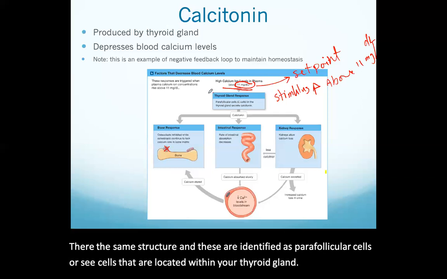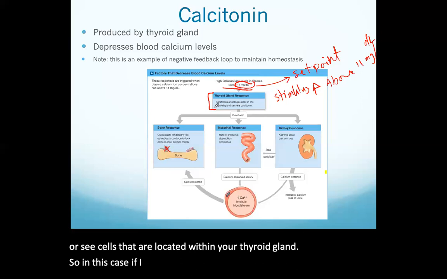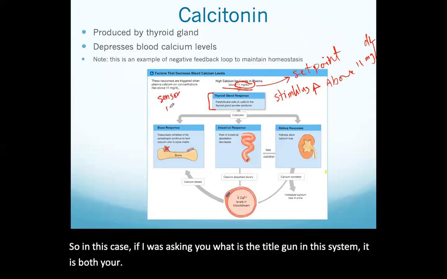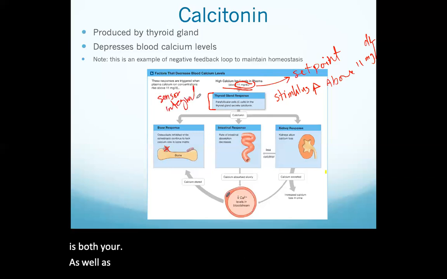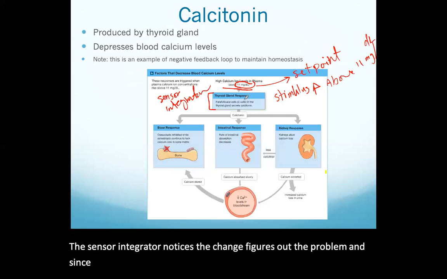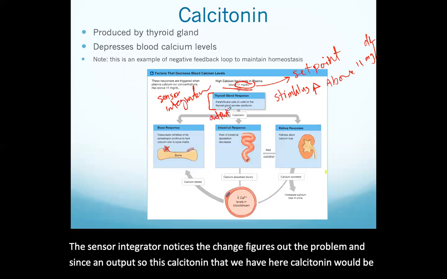So if I was asking you what is the thyroid gland in this system, it is both your sensor as well as your integrator. Now, the sensor integrator notices the change, figures out the problem, and sends an output. So this calcitonin that we have here would be my output.